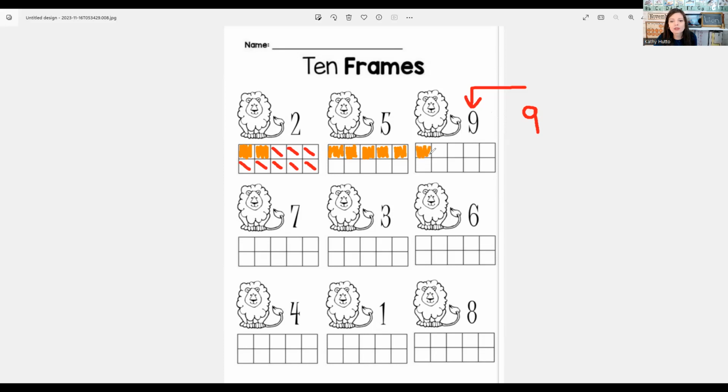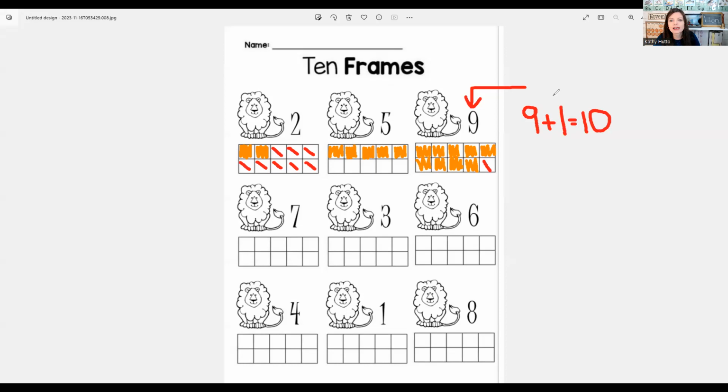You can help me count. 1, 2, 3, 4, 5, 6, 7, 8, 9. Very good. And you can see there's only 1 space left, so that means 9 plus 1 equals 10. 9 and 1 more would equal 10.